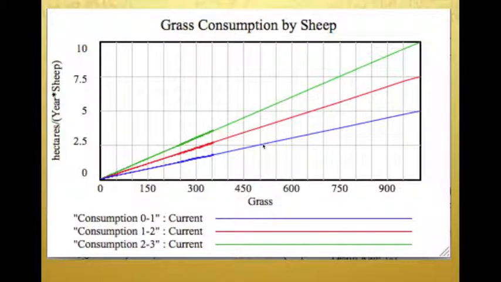We're assuming here that the young cohort consumes a little bit less grass per capita. These are rates of consumption per sheep, in hectares per year per sheep. These are the young, the first cohort, these are the adults, and these are the mature. We're assuming that each one consumes more than the next, which is probably very reasonable.